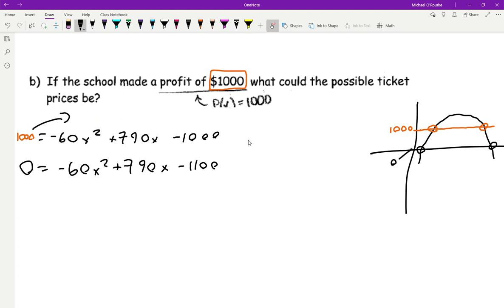It's going to come over and become a minus. Oops. That should be 2,000 instead. 1,000 minus 1,000. And if I do that math, it will become minus 2,000. Okay?